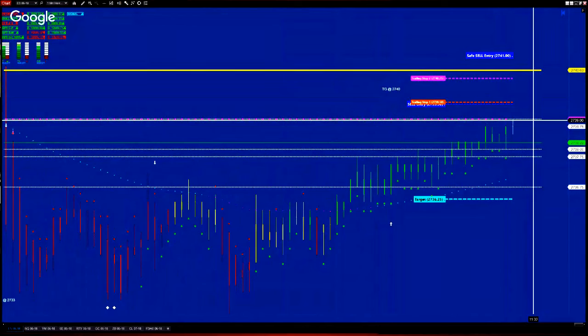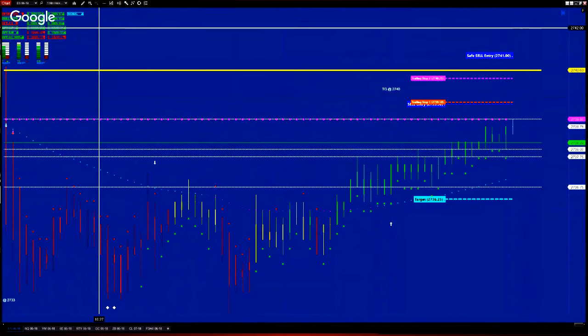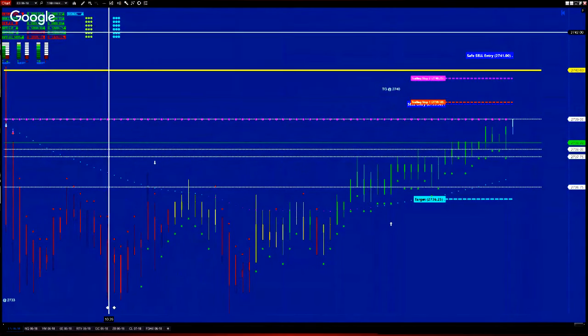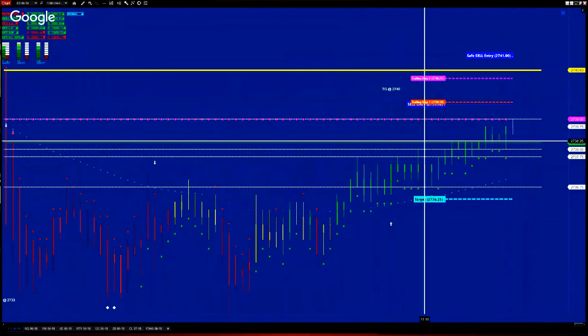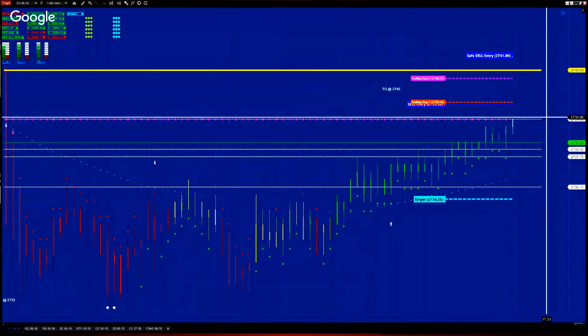This is your magic word. Look. You see there is a lot of buyers. They're trying. You see how it's blinking? There are buyers coming in to penetrate the 39 level.